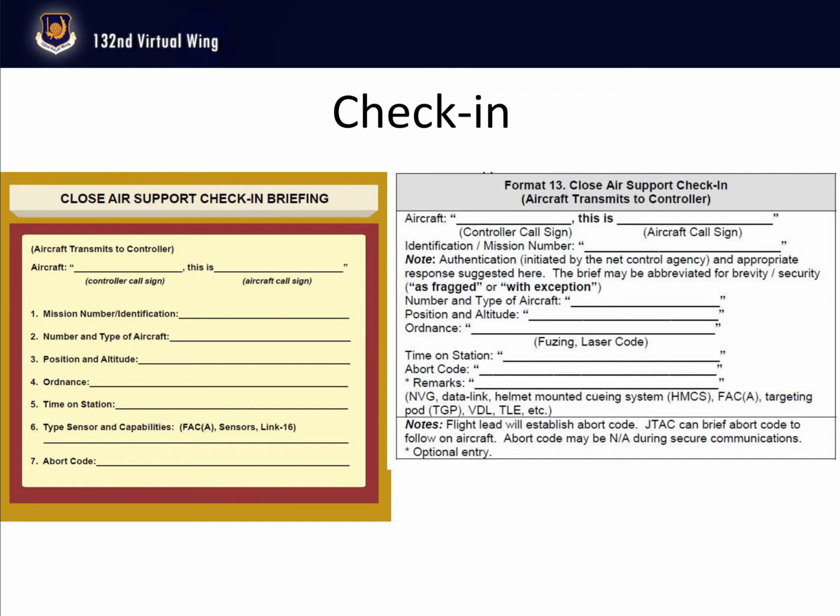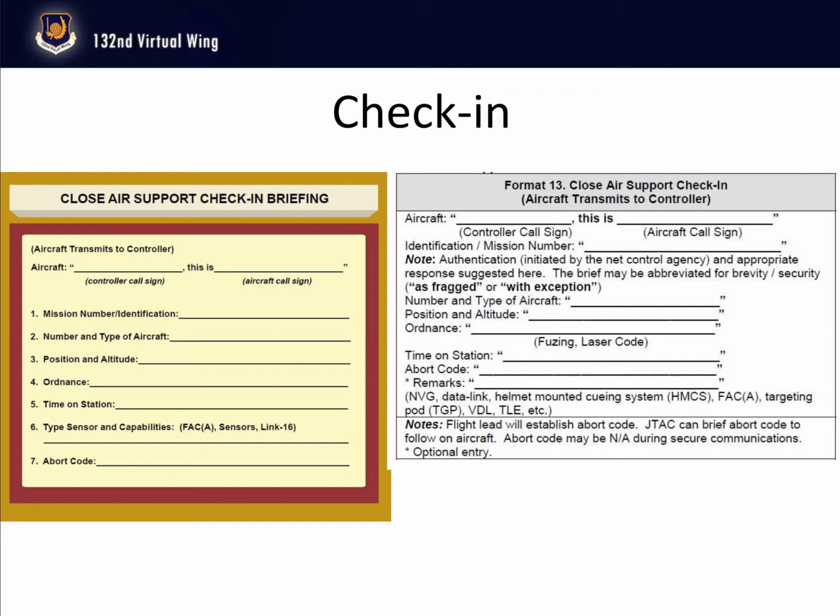Abort code is a code that will be used if the JTAC needs to abort you during the attack run. If you're already diving for the target and he wants you to stop, you can either do it in the clear, which means basically call sign, abort, abort, abort, or it can be a code from the authentication table.